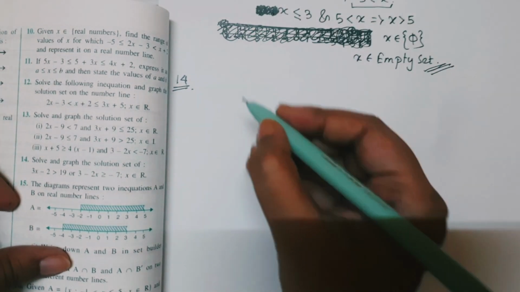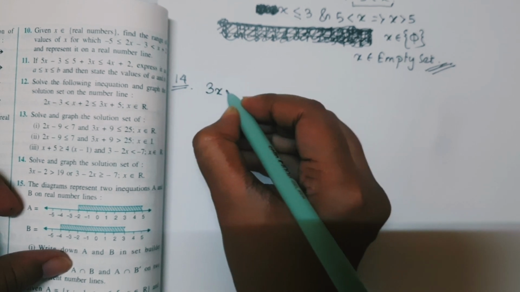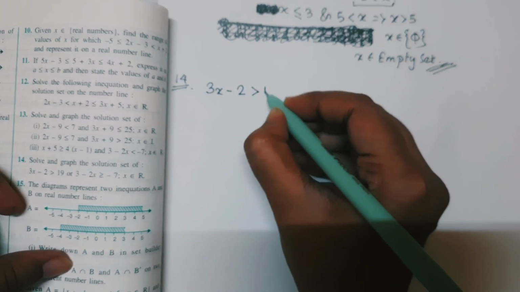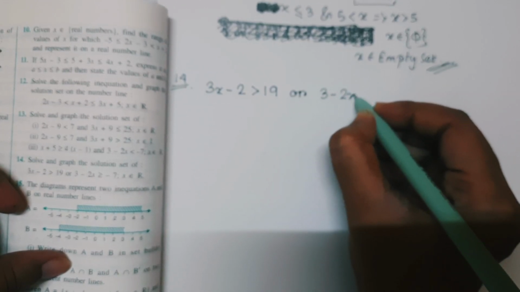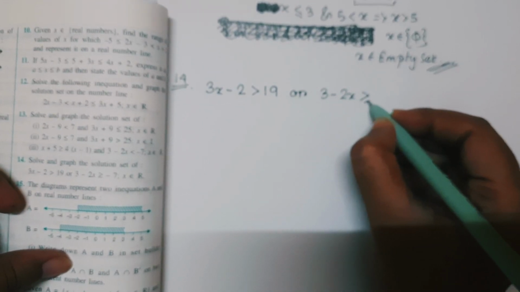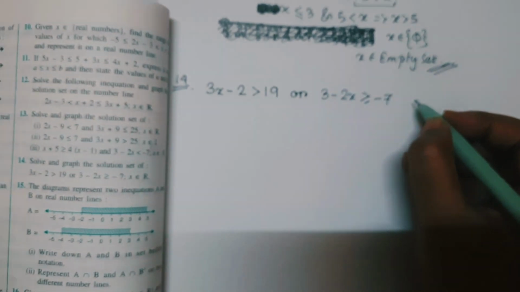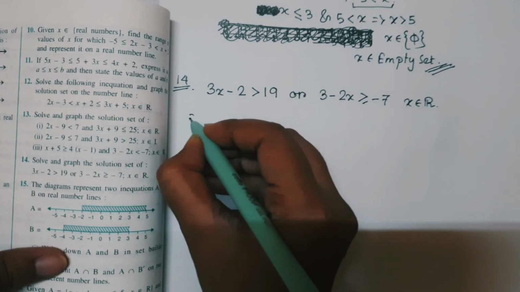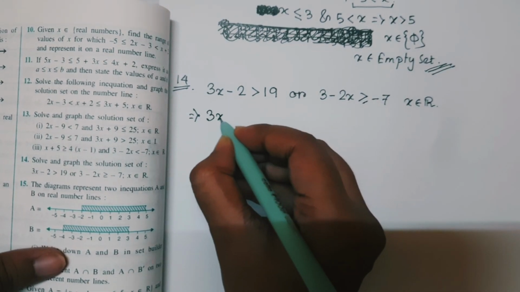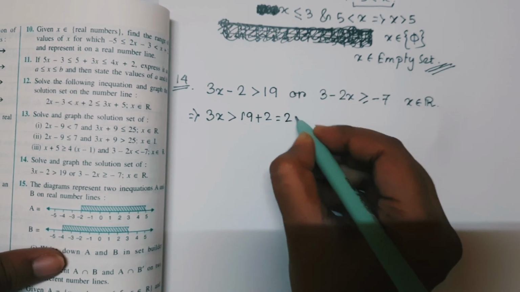Question number 14. Solve and graph the solution set of 3x minus 2 greater than 19 or 3 minus 2x that is greater than or equal to minus 7. x belongs to R. Now from this 3x is greater than 19 plus 2, that is 21.